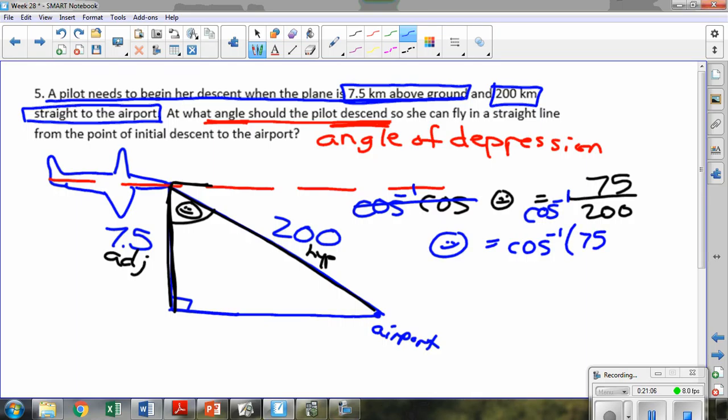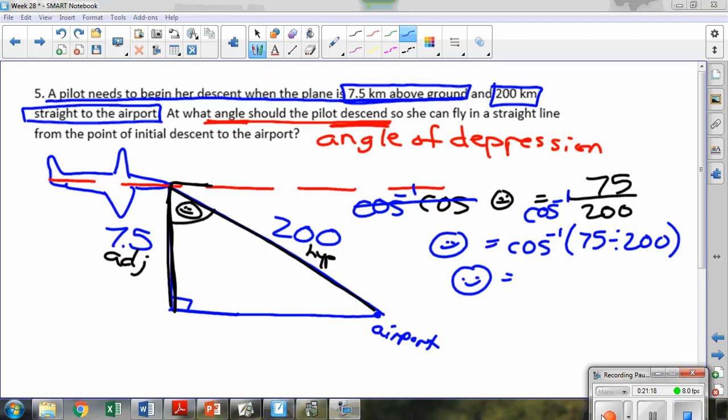And I can see you're already grabbing your calculators. What is the cosine inverse of 75 over 200? And Ethan's given me 67.97 degrees. So this piece is 67.97.